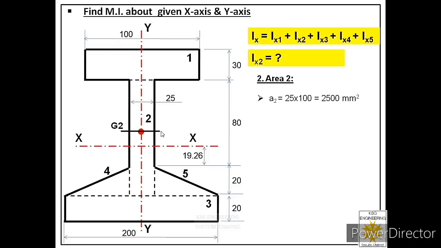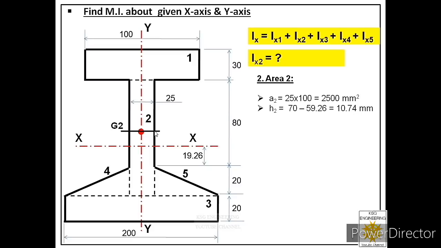So the position of the centroidal axis of area 2 from the bottom is at 70. So the distance between these two axes will be 70 minus 59.26. That will be called H2. 70 minus 59.26 is equal to 10.74 mm.